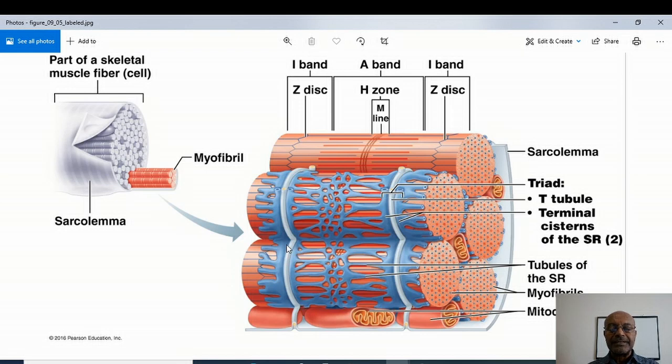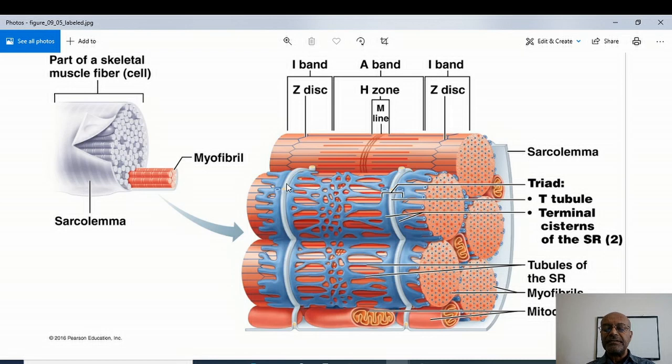By the way, this is part of a skeletal muscle cell where only several myofibrils are magnified here. What do we have here? We have mitochondria, sarcoplasmic reticulum, and T-tubule. Why are we showing them here? Because they have role in muscle contraction.